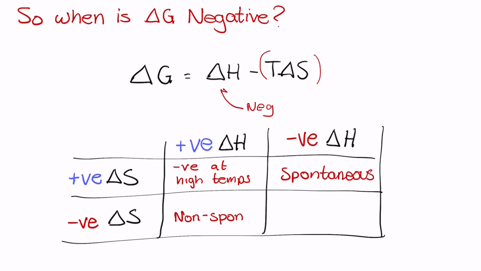So in this case, we have a negative delta G, or a spontaneous reaction, only when the temperature is equal to 0. So that's at 0 degrees Kelvin. Essentially, that would just cancel out any effects that the change in entropy would have, leaving us with our negative delta H, and thus a negative Gibbs free energy.